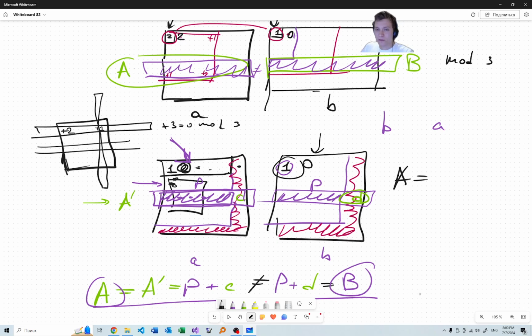If A was equal to B, then actually this procedure should have worked, and it should have transformed this row into this row. Yeah, because if all these elements are correct, and the sum in these two rows is the same, then actually the last elements should also be equal to each other.